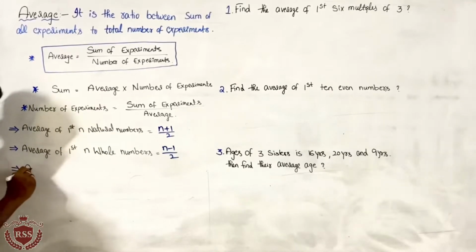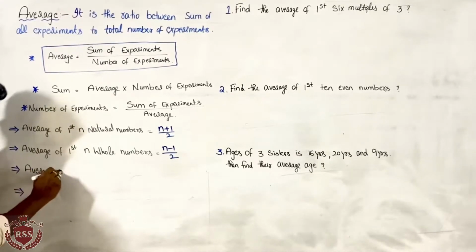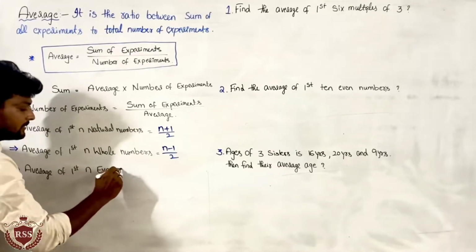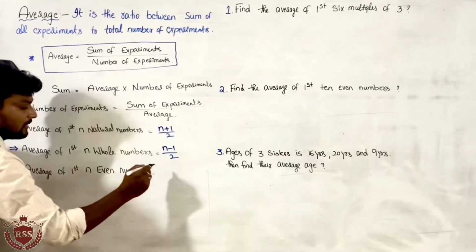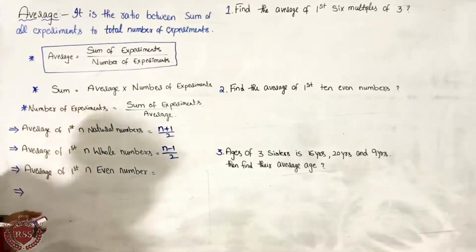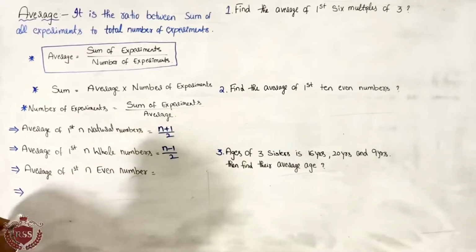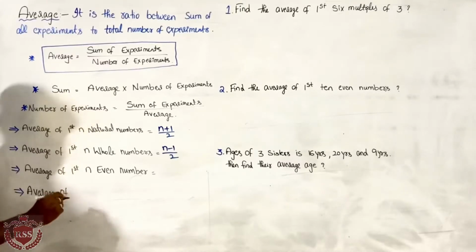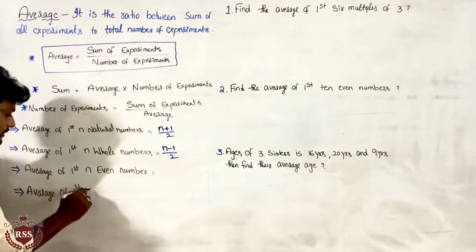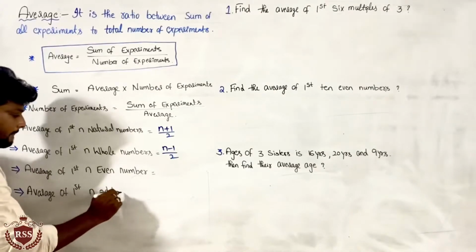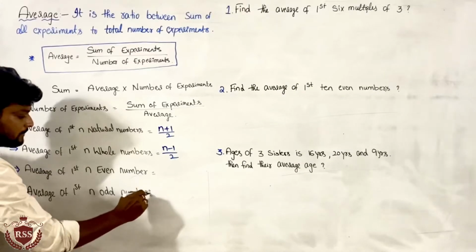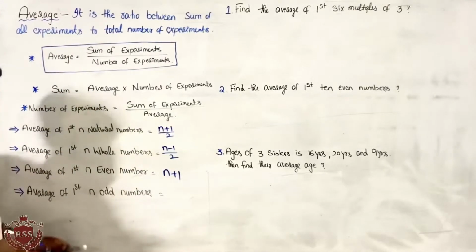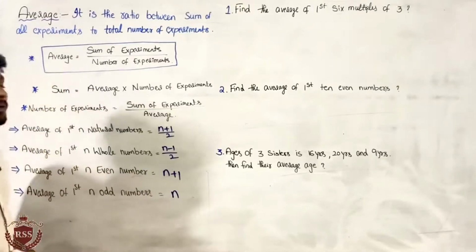Next, the average of first n even numbers will be n plus 1, and the average of first n odd numbers will be n, only n.